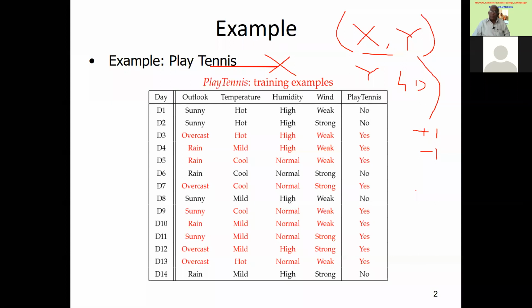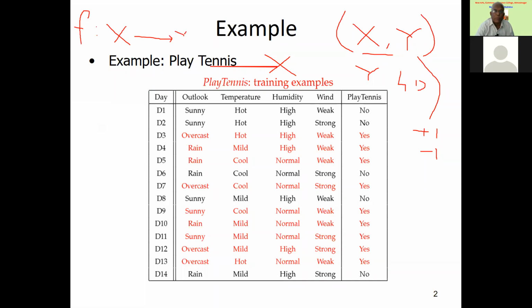Y depends upon X. And now our problem is to find a function f which is from X to Y. So given X, we can say it is +1 or we can say it is -1.